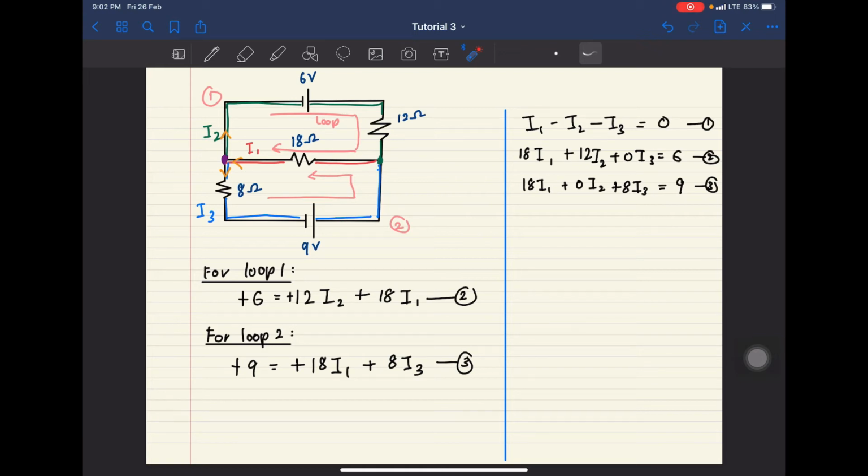So the second one would be 18, and then I have 12, 0, and then 6, and the last one would be 18, 0, 8, and 9. Okay, here I got my I. Oops, saya tulis.